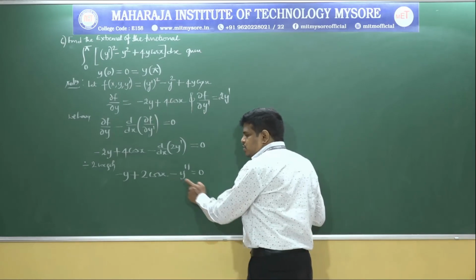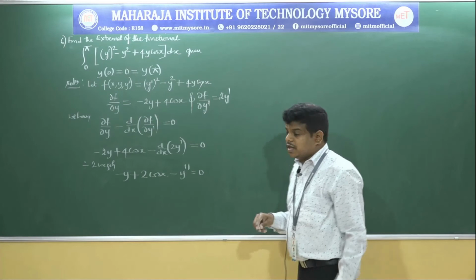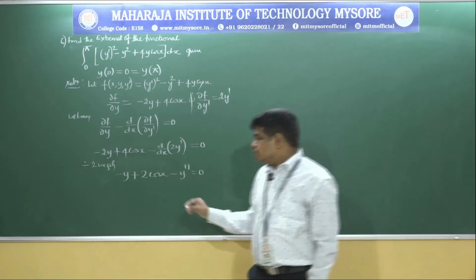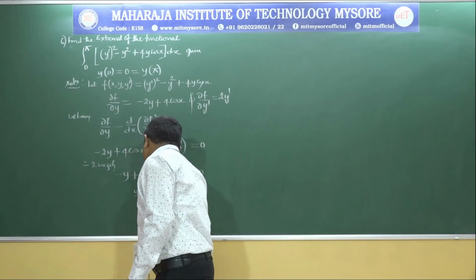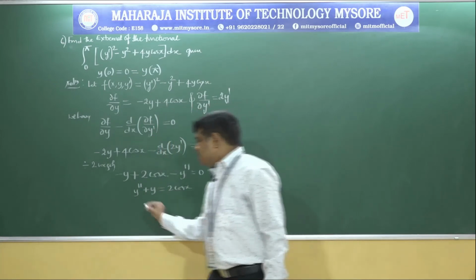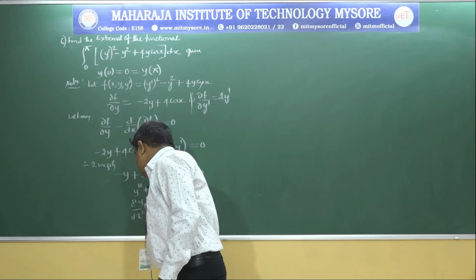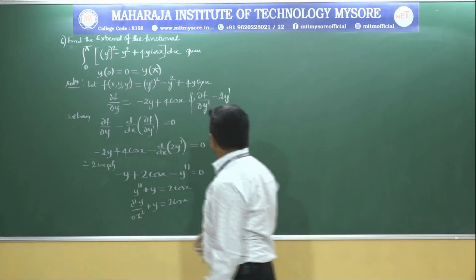Now we shall shift minus y' and minus y to the right hand side. Since it has negative sign, if it is shifted to the right hand side, it becomes positive sign. That is y'' plus y equals 2 cos x. Since y'' is nothing but second derivative, I am rewriting this as d²y/dx² plus y equals 2 cos x.